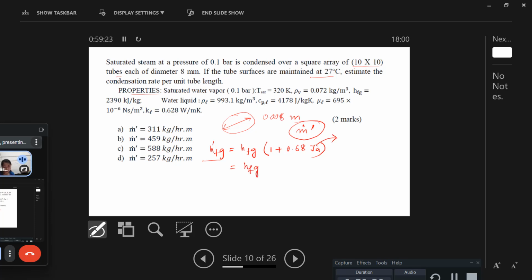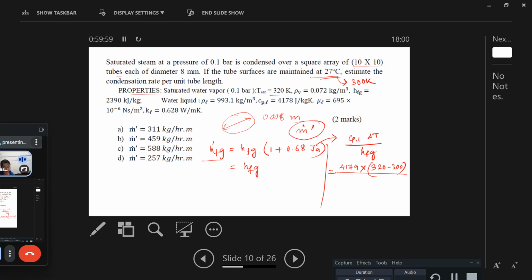So if we calculate this Jacob number, this is equal to c_pL into delta T by h_fg, right? So c_pL is 4178 into delta T. T_sat is given as 320 and this is 300 Kelvin. So 320 minus 300, this is 20 Kelvin.